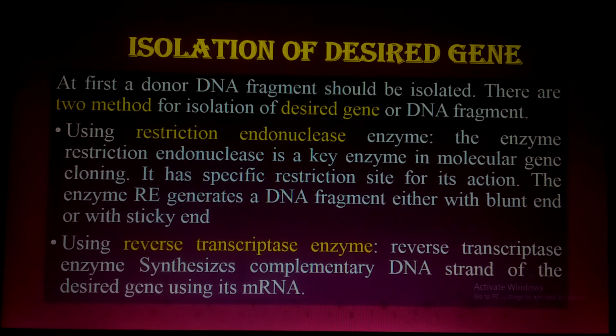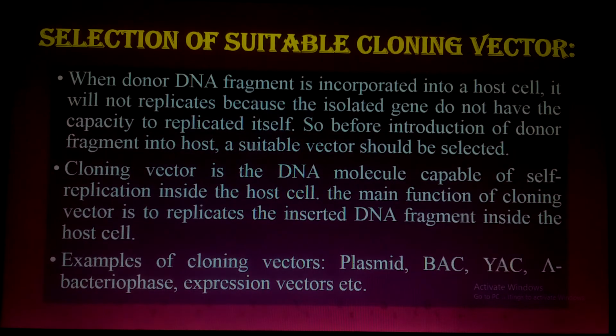If you have RNA, you can easily make DNA from that RNA. So this mechanism is known as reverse transcription, and the enzymes are known as reverse transcriptase enzymes. So how many ways? Two ways. One is the restriction endonucleases way, and the other is the reverse transcriptase enzymes way.